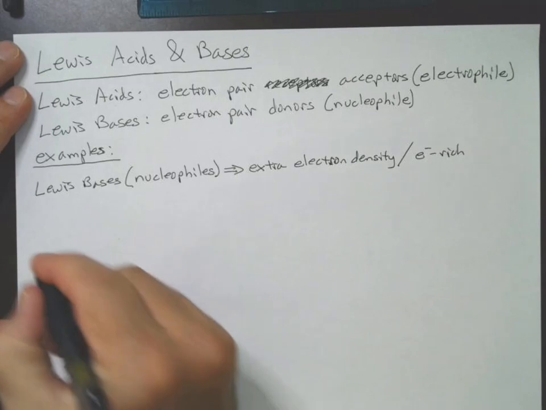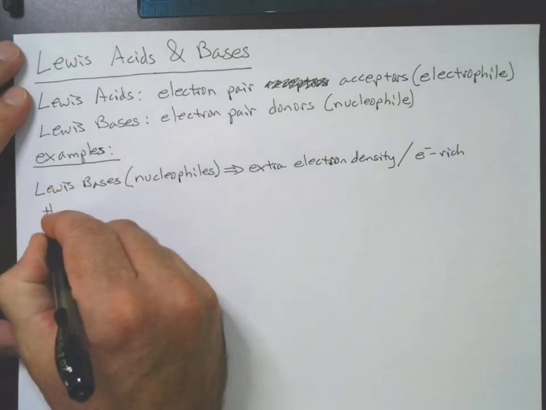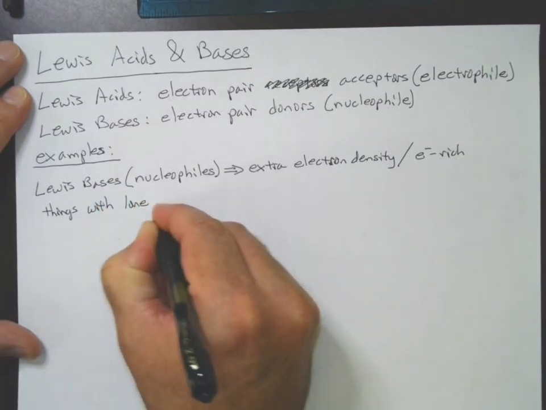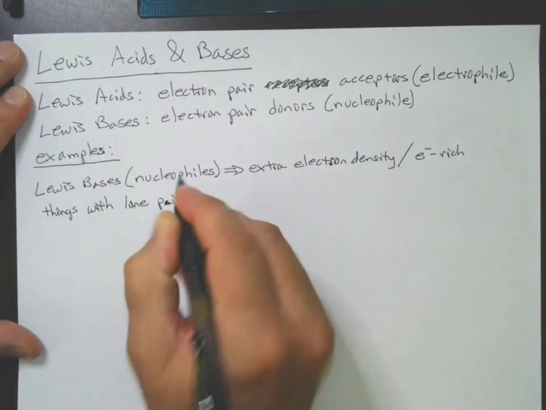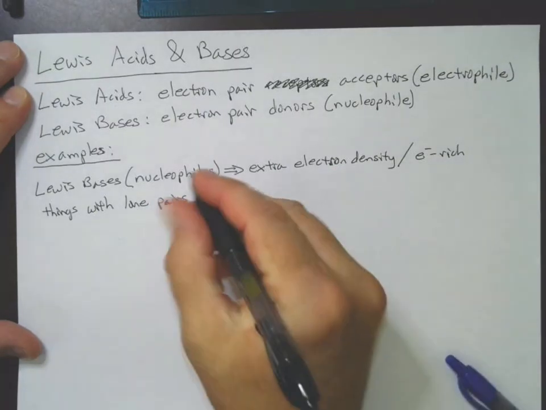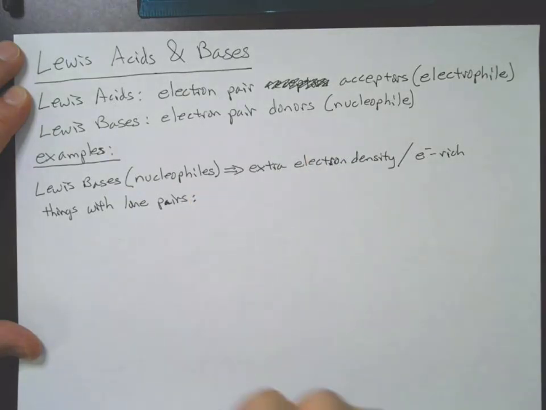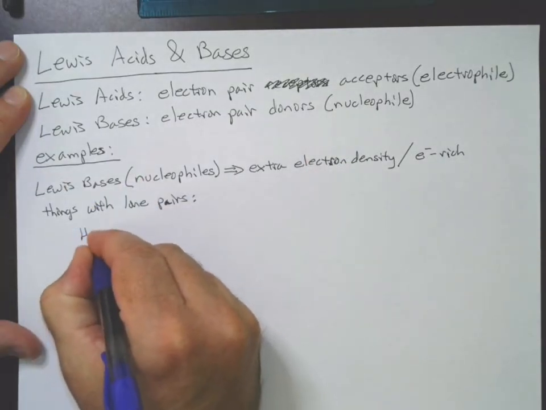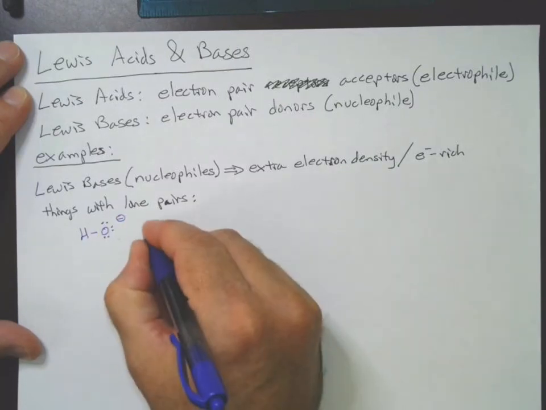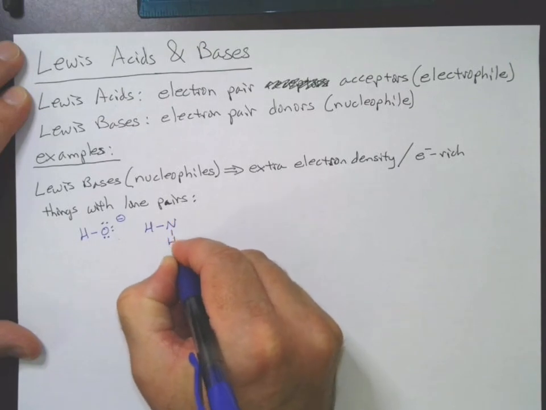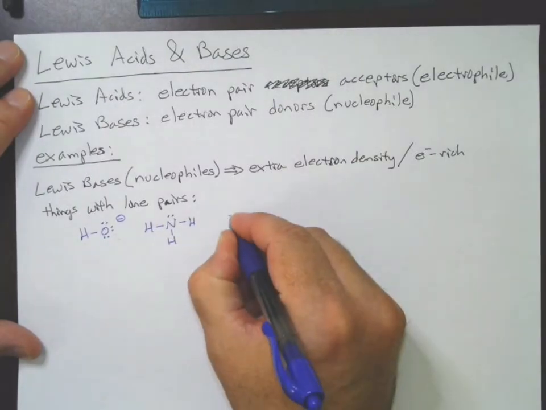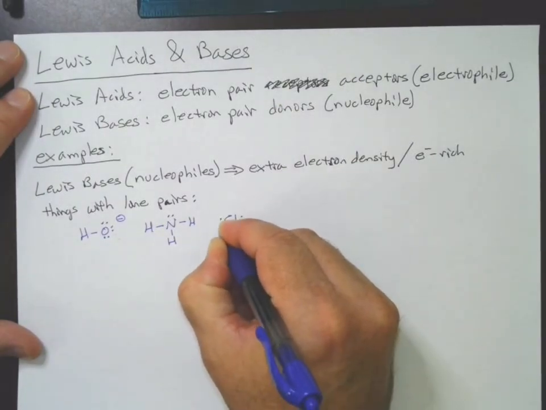These could be things that have lone pairs. And just as an example of that, we could have something like OH minus, NH3, even something like Cl minus.